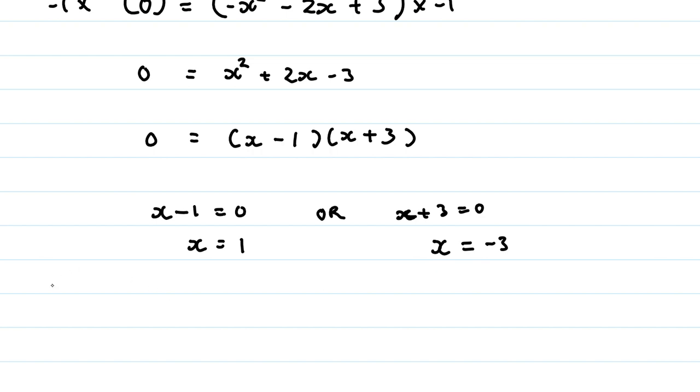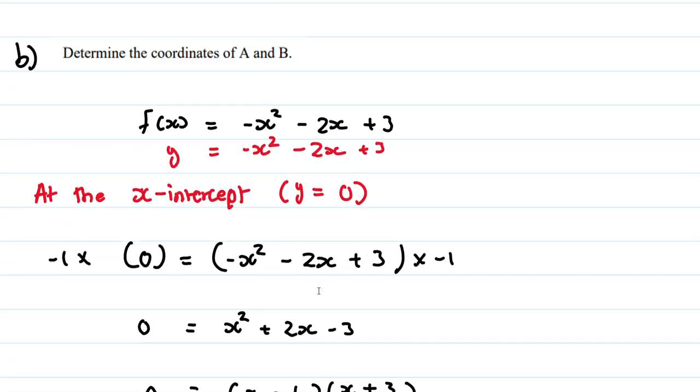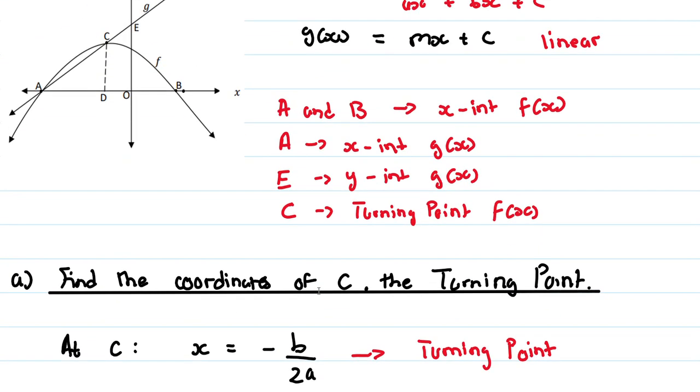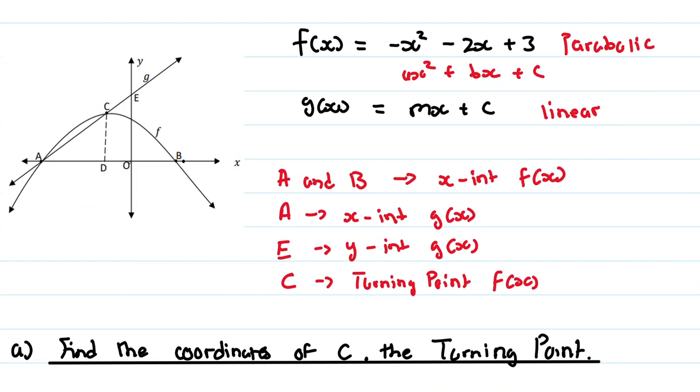So when we go back to our graph, we have a 0 point there. Which one will be negative 3? The point A will be negative 3, because when we go to the left of the 0 side, we get negative numbers. So we have a negative 3 over there.